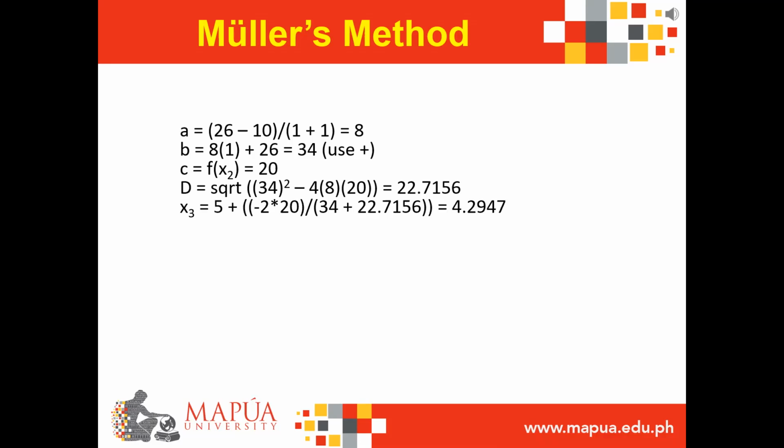So your x3 can be computed to be 4.2947 for the first iteration, and the error giving us 16.4226%.